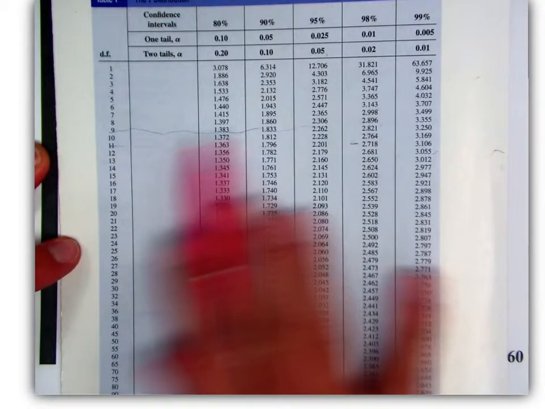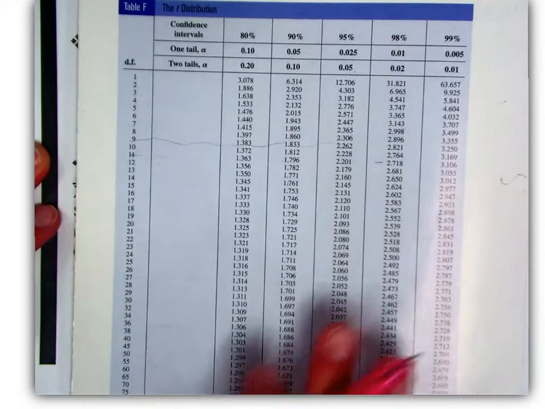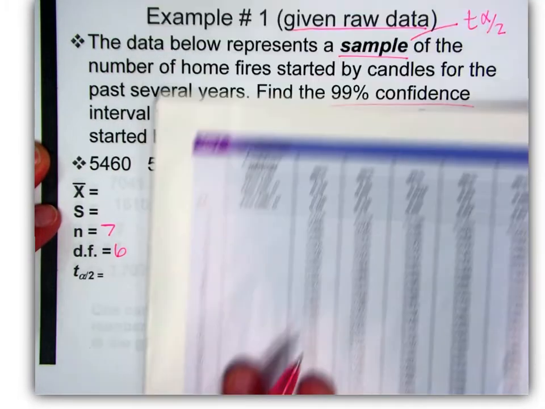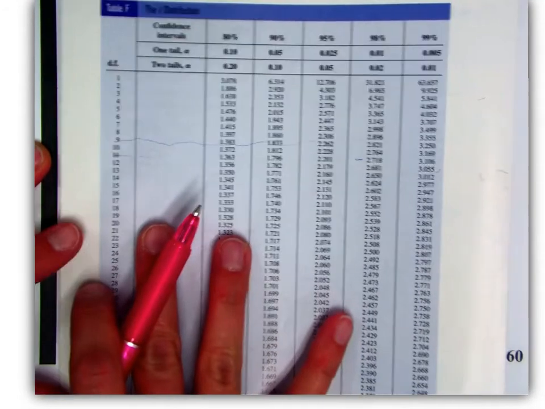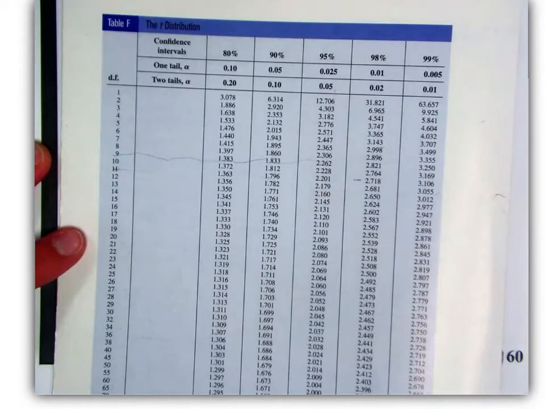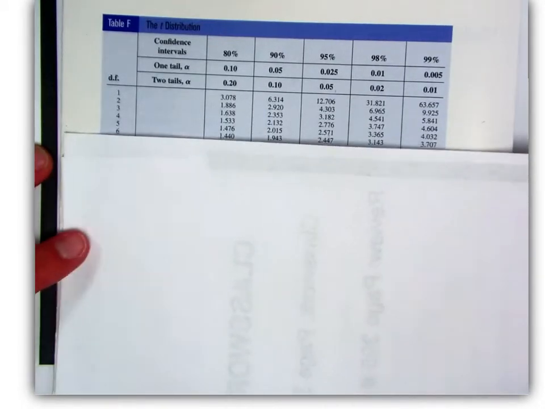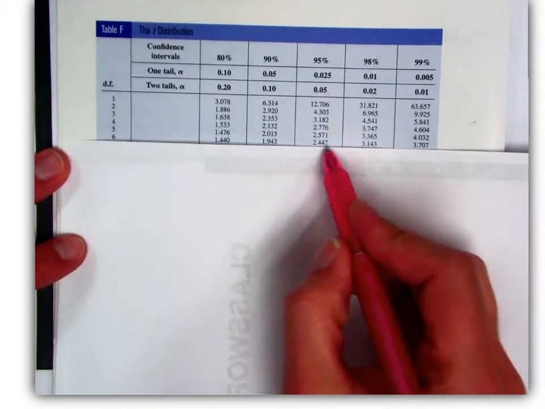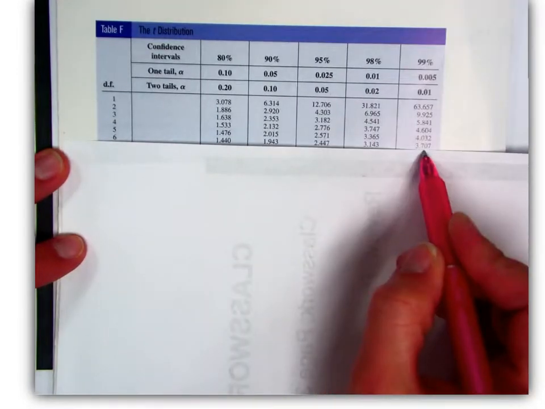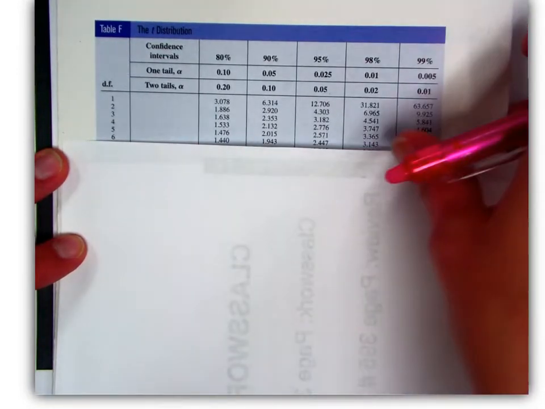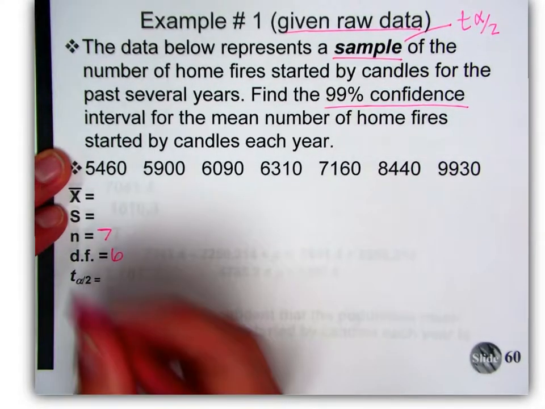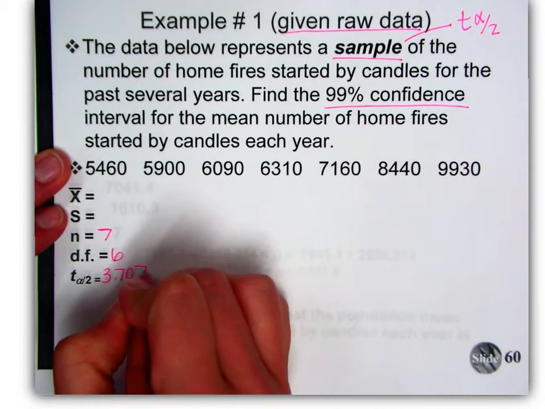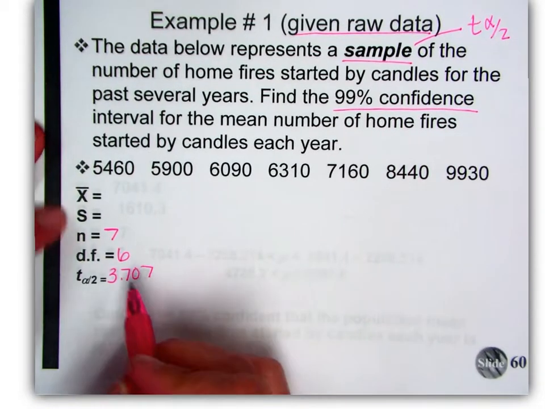Please don't write on these. This is a bad example because it has writing on it. I'm using 99% and df equal to 6, so I'm going to do the 6th row, and 99% would be 3.707. So 3.707 is what I'm going to be using for my critical value.